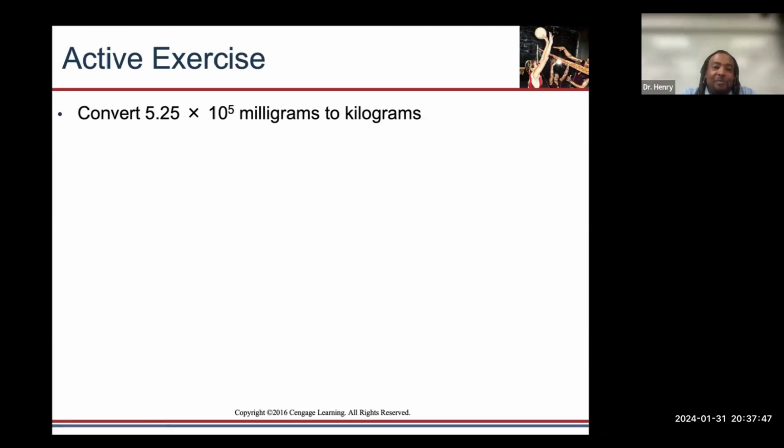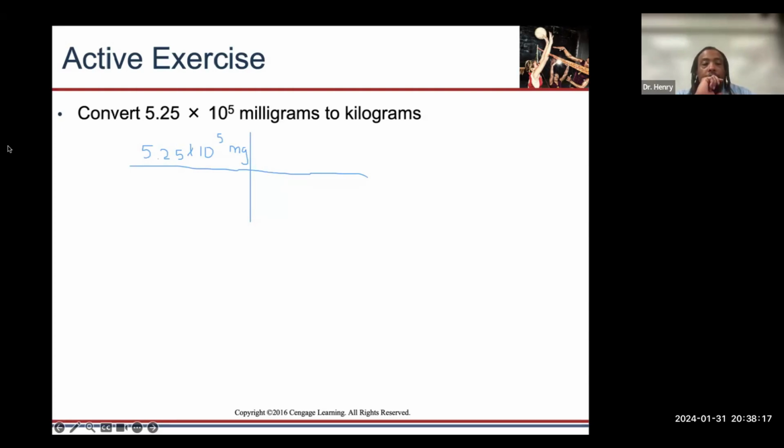Okay. So we have 5.25 times 10 to the 5 milligrams, and we want to get to kilograms. So often we may have to do a couple of conversions to get to where we want to go.